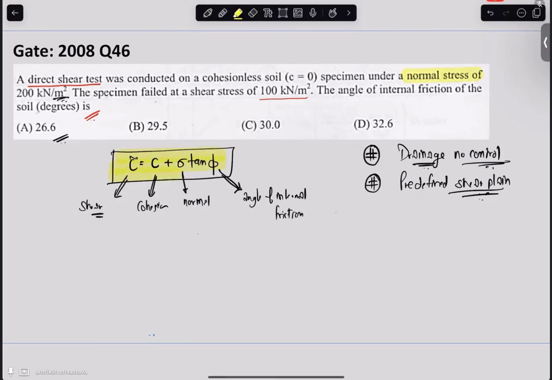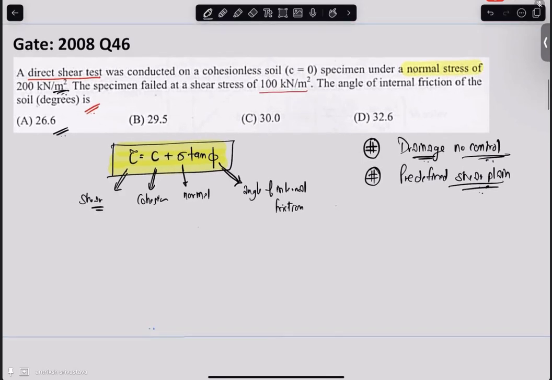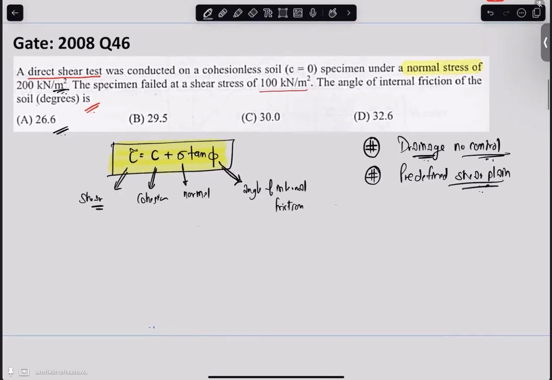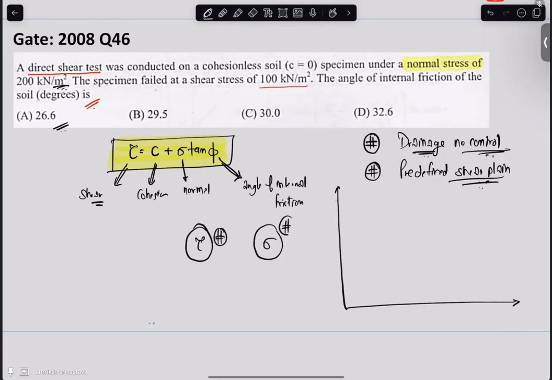We perform a lot of shear tests, either triaxial tests or direct shear tests, and we plot the shear stress at failure against the normal stress, and then we get a line something like this. This is the line which we approximate as a linear line and call the shear envelope.